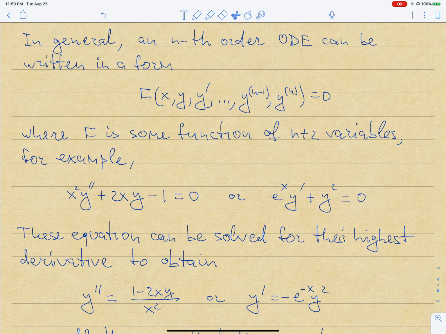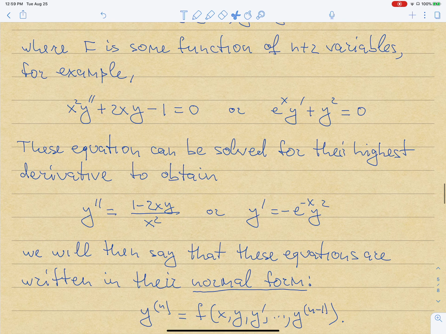All right, so now these ODEs can be solved for the highest derivative. The highest derivative is 2 in this case. Highest derivative is 1 in that case. If I solve for highest derivatives, the equation will have these respective forms.